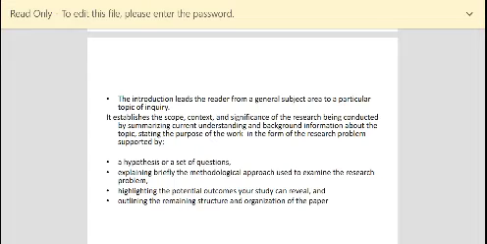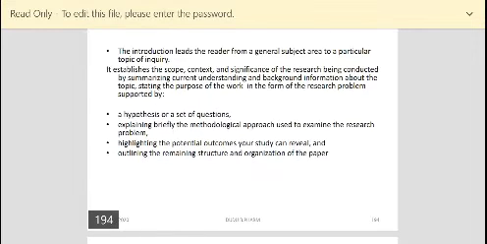It establishes the scope, context, and the significance of the research being conducted by summarizing current understanding and background information about the topic, stating the purpose of the work in the form of the research problem supported by a hypothesis or set of questions, explaining briefly the methodological approach used to examine the research problem, highlighting the potential outcome your study can reveal, and outlining the remaining structure and organization of the paper.